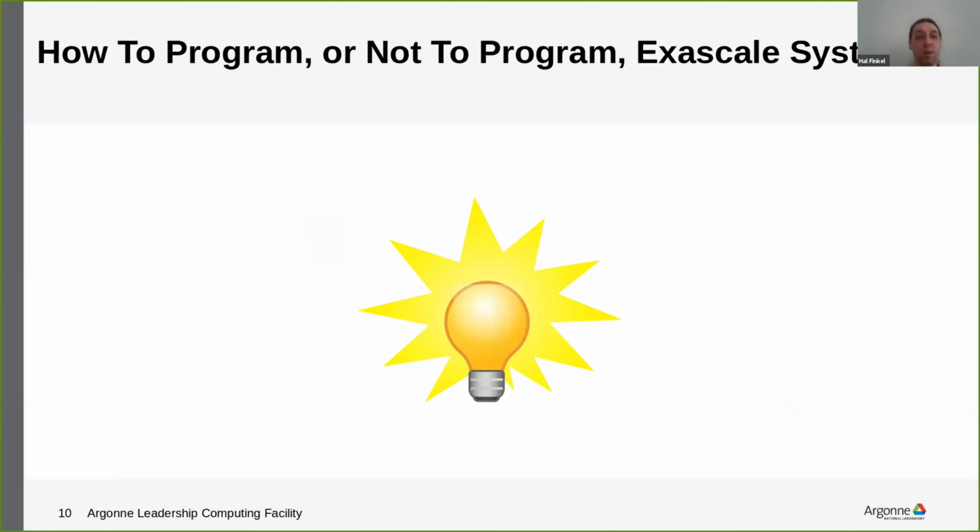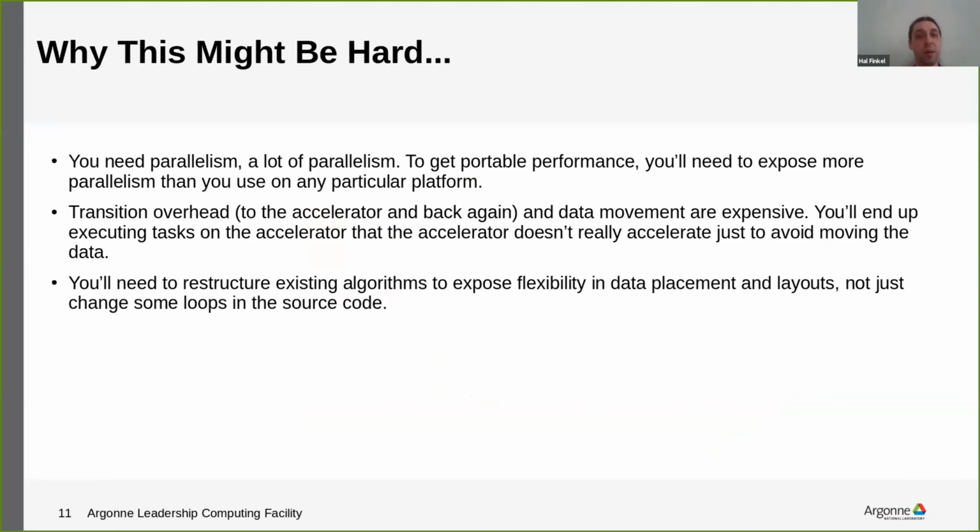Okay, so now let's talk about programming models. Now, one thing that's really important to think about when you think about modern systems is that to effectively use them, you need parallelism. But you don't just need some parallelism, as you would think about in a traditional sense. You need a lot of parallelism.